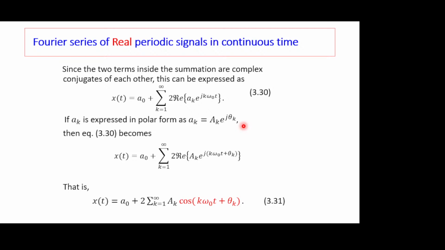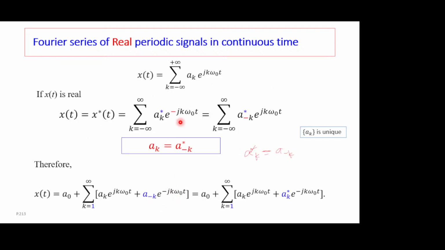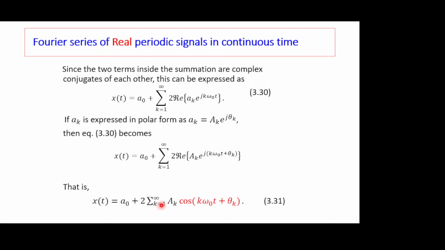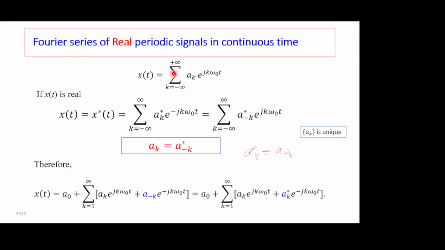Another thing to check is why there are two variables for every k. Remember, for x of t you have one variable for every k. But here every k represents both the negative k term and the positive k term.